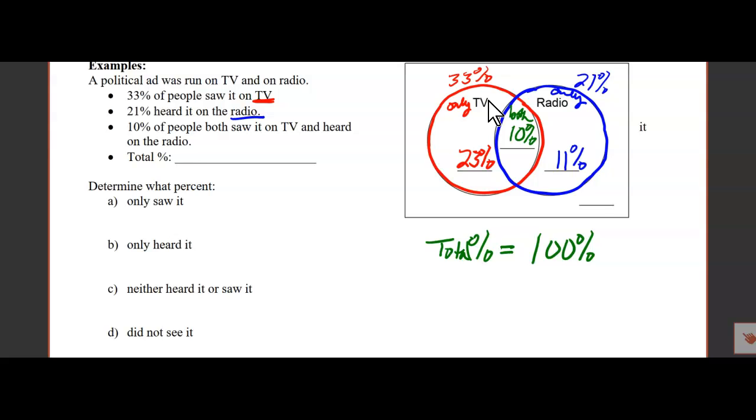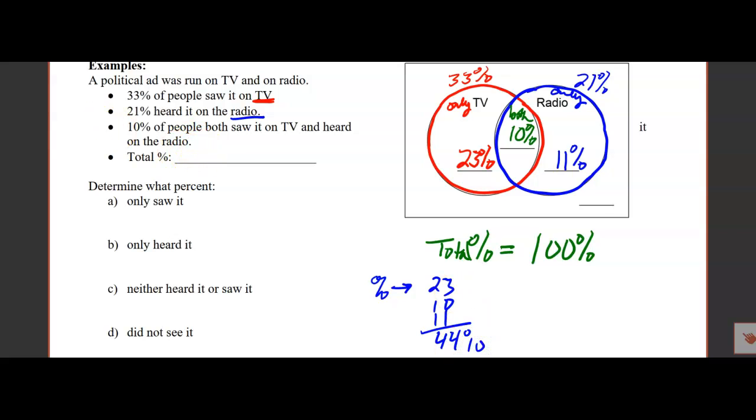Okay? All right, so there's two ways to figure out the percentage that we're talking about. So I can take 23, 10, and 11. So the percentages I see, and that adds up to 44%.